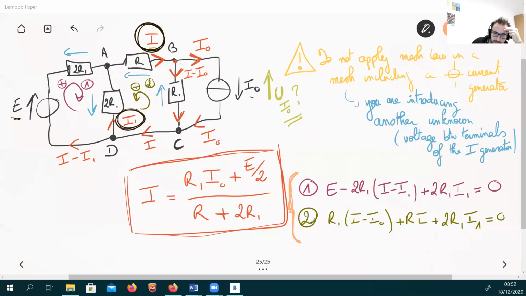Please keep practicing this. Now I'm going to start introducing the other methods we're going to use, or you may use, when you face different circuits. We will start with the superposition theorem. Do you have any question before I move to the next theorem?